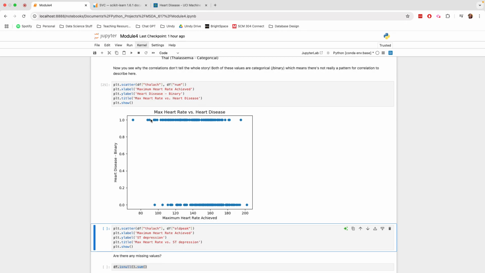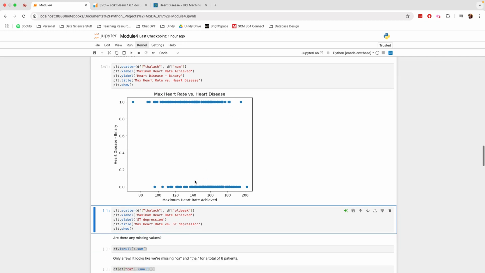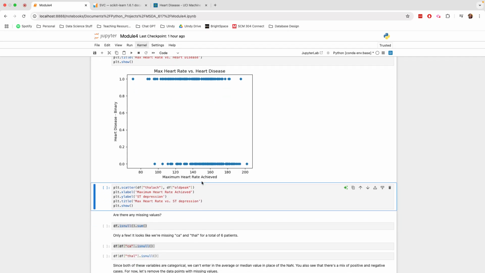You'll see that the max heart rate is slightly lower. Oh, that's actually interesting. It's slightly lower for those that have heart disease versus slightly higher for those that don't. Interesting. But since it's binary, correlations aren't going to do us a lot of good here. The scatter plot doesn't show us anything. You'll notice it's not something we could put into a linear regression. But this gives us a little bit of insight into just what's going on with our variables.